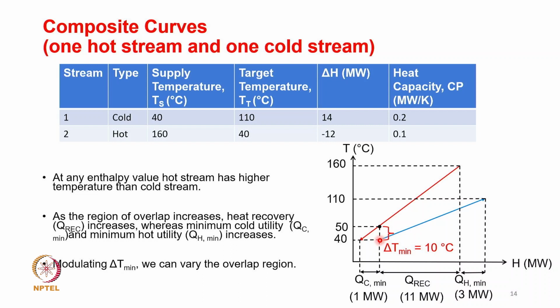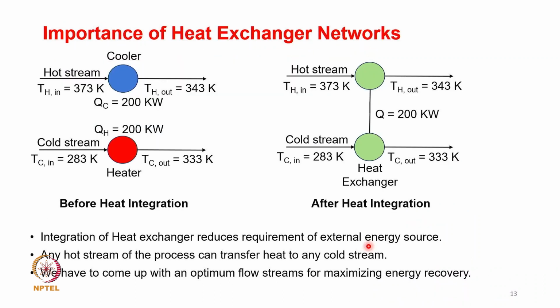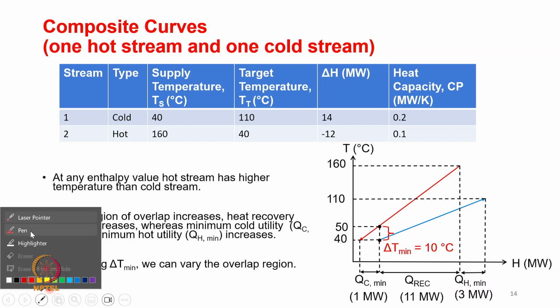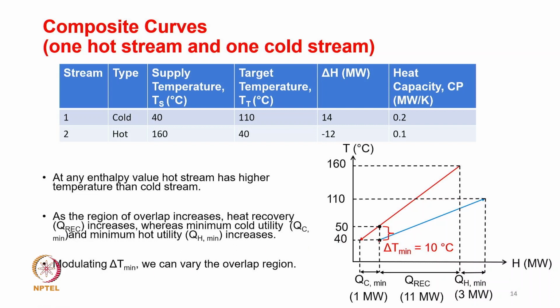You can see that by changing the delta T minimum, you can actually change the overlap. So let us say this blue curve extends over here. You can see that the delta T minimum is now smaller, and the region of overlap has increased.